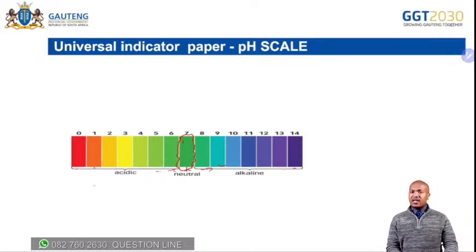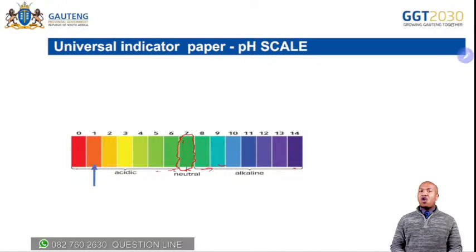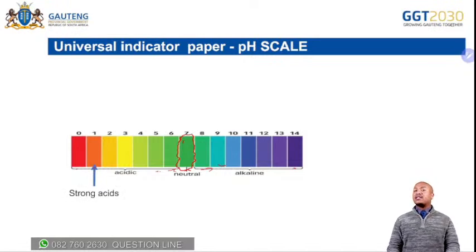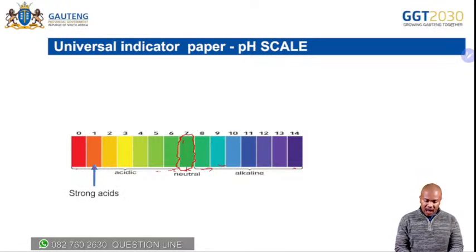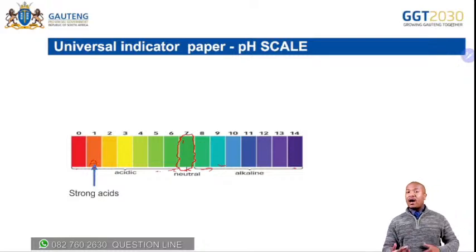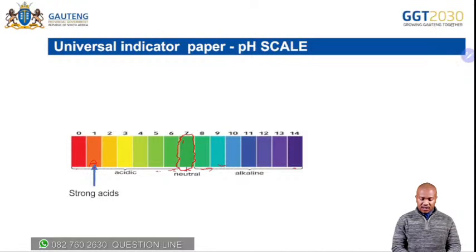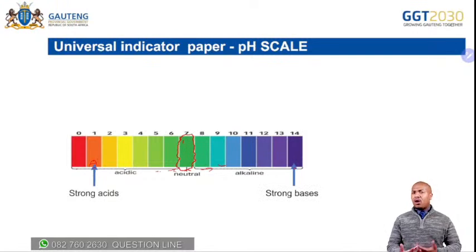So now let's look at some of the strong acids. Strong acids are found in the range of 1 and 0, to indicate that they are very strong. You see these colors here, this orange and red. And to indicate that it is a strong base, you see this color which is somehow violet or purple.